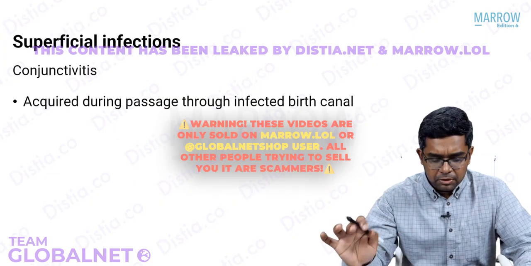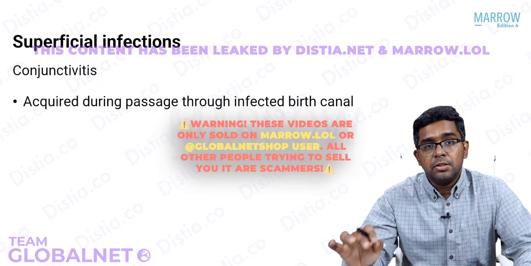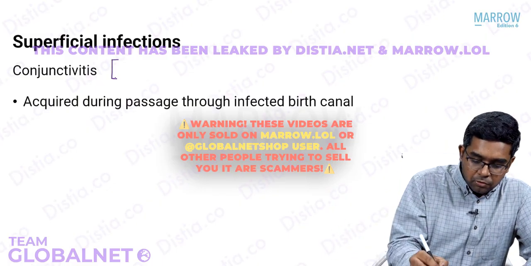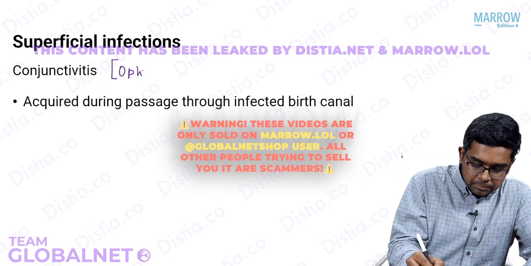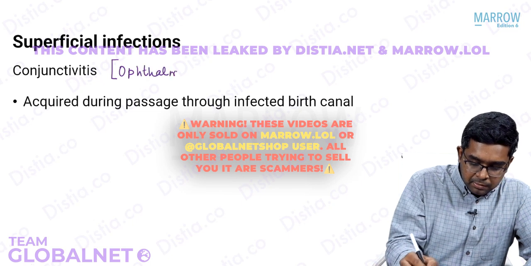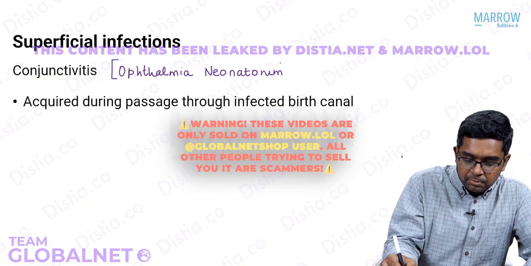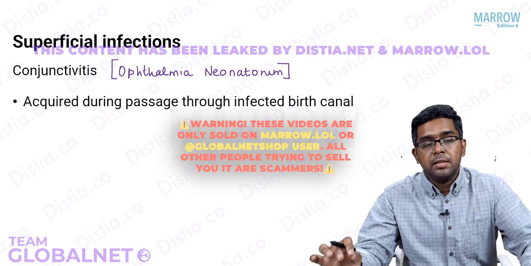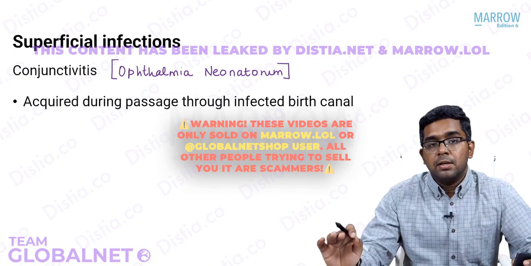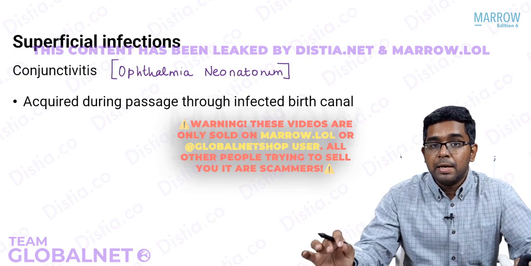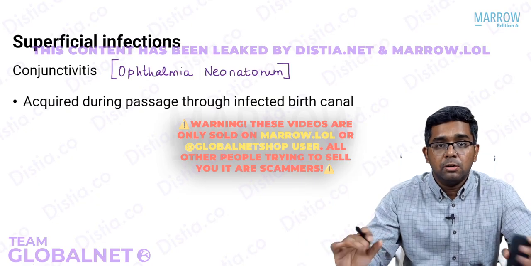The general term which we use for conjunctivitis in a newborn baby is ophthalmia neonatorum. And there's a very common question which can be asked in the exam. If you want to prevent ophthalmia neonatorum, what should be applied on the eye of a newborn? It's a very common question.